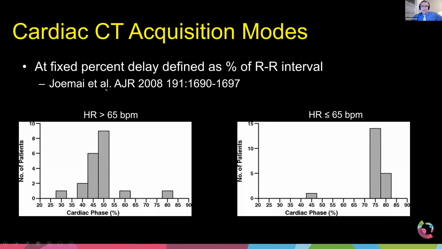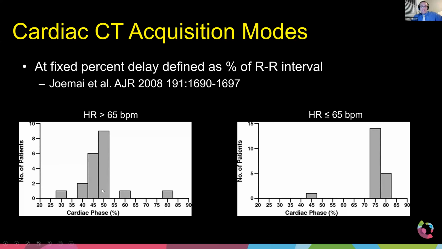And another paper, and this was in 2008, so once again, still about 11, 12 years ago, they did the same thing. They looked at all the percentage intervals, and here I'm giving you a histogram where if the heart rate was greater than 65, slightly different than the previous publication, they said the best visualization of the coronary arteries was basically at the 50th percentile.